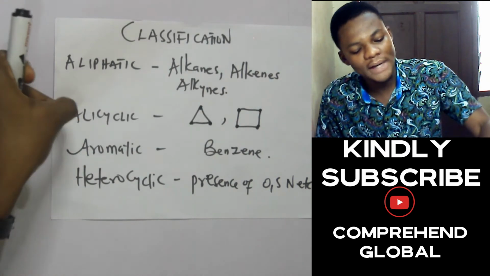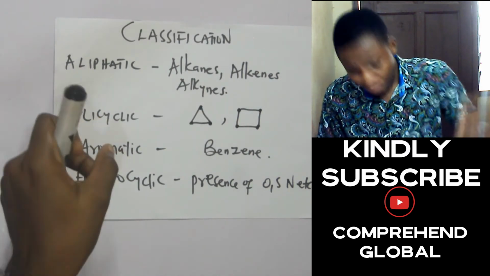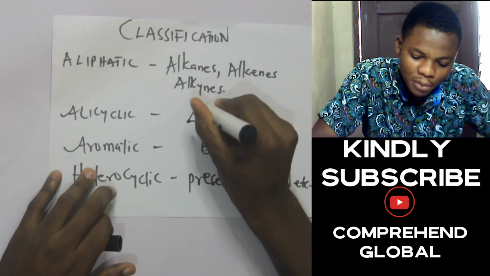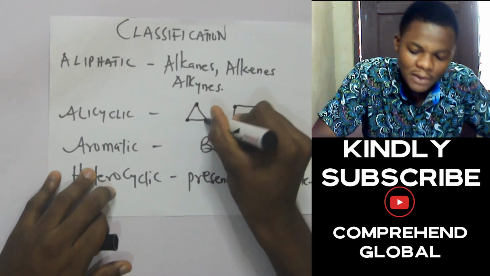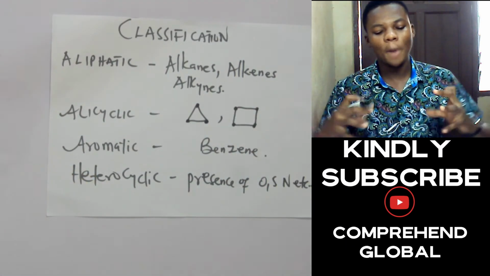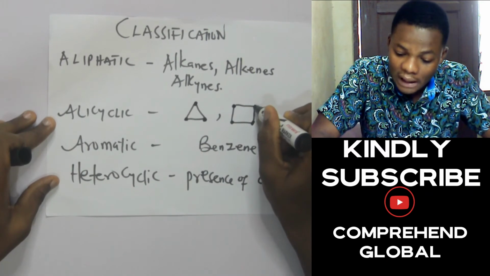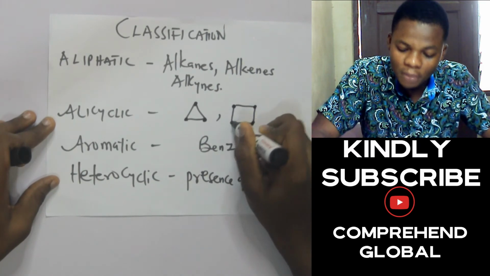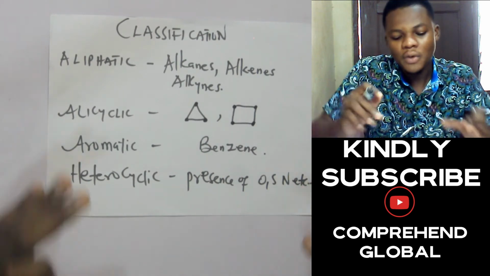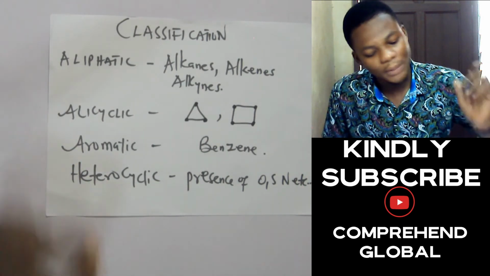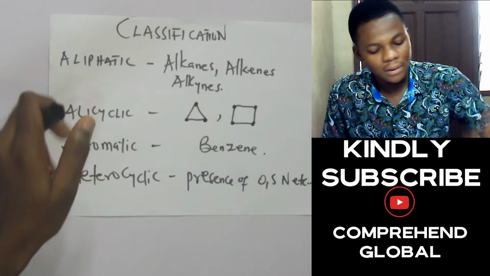That is how we name them alicyclic organic compounds. Here is a carbon atom, another carbon atom, another, and one over here, making four carbon atoms. They just combine to form that ring, and that is what we term the alicyclic organic compounds.